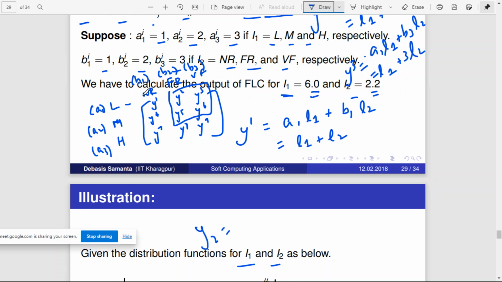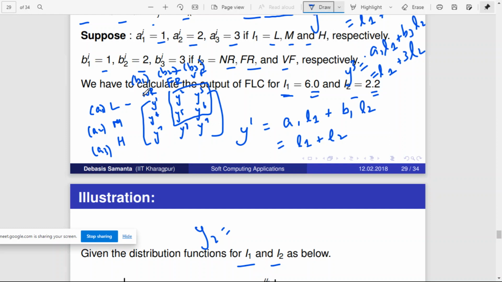A1 and B2, right? So it is A1 L1 plus B2 L2. A1 value is 1, so it will be L1 plus 2 L2.